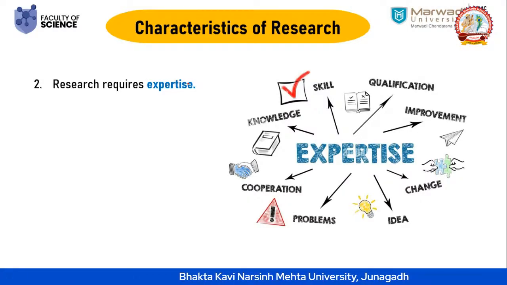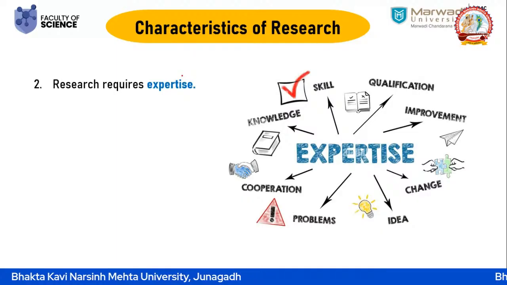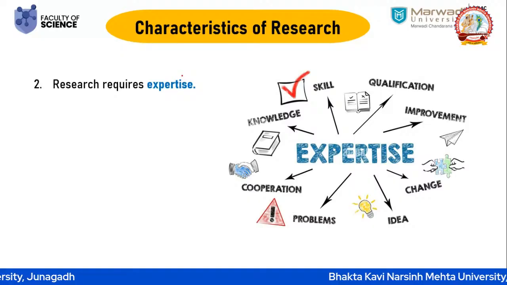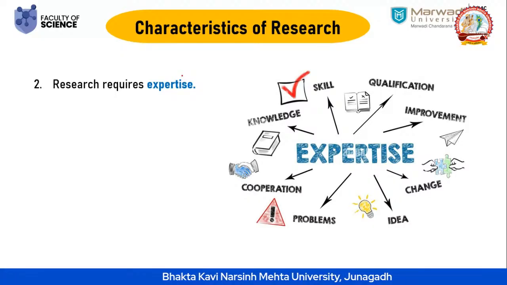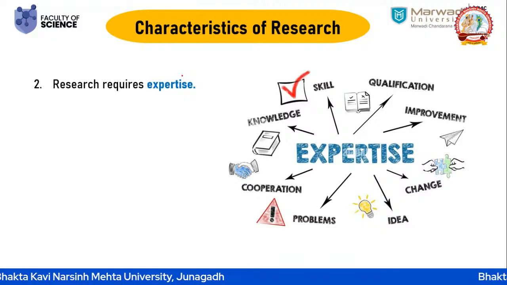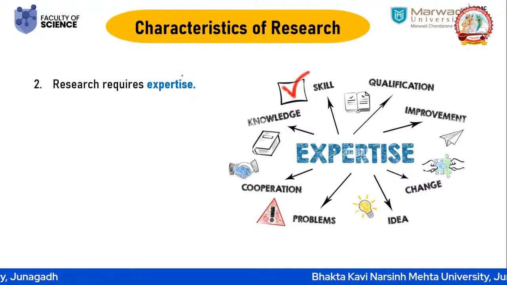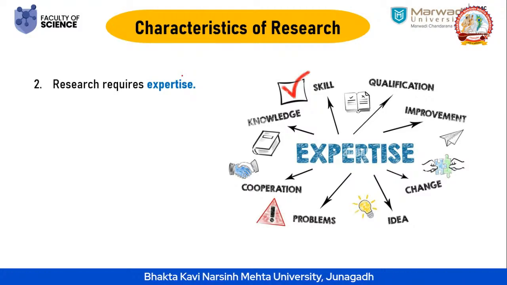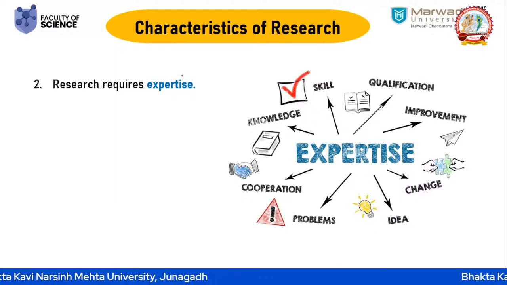So expertise is required. If you are doing research in life science, you should have expertise in different aspects, for example how to collect the samples. If you are doing organic synthesis, then you know how to set up reactions. If you are from microbiology, then you should know how to develop a culture, how to store that culture, and how the extraction will be carried out.